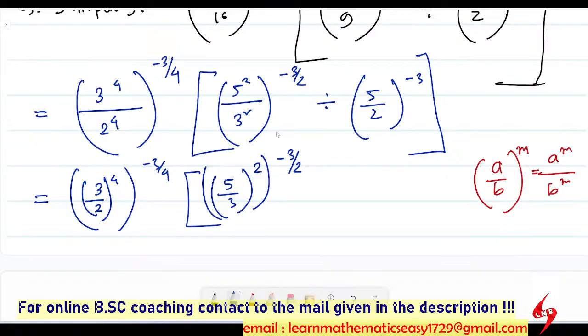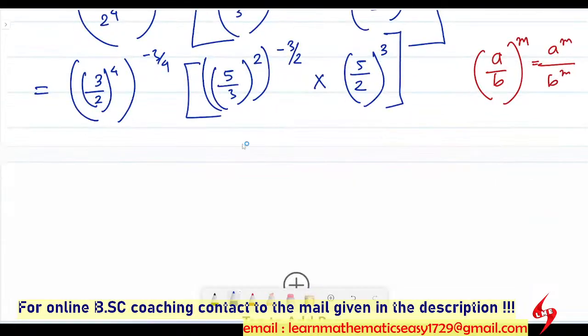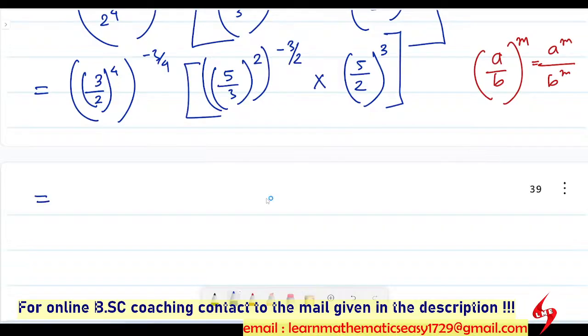And now I am transforming it as multiplication. So the right side power will be the opposite, so that is minus 3 to 3. Next, here 4 will be cancelled out. So 3 by 2 to the power minus 3, and 2 will be cancelled out.